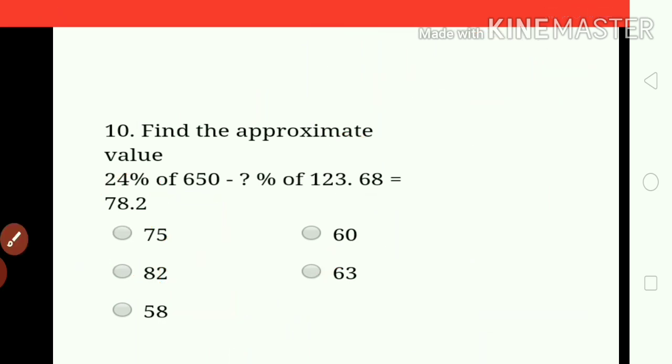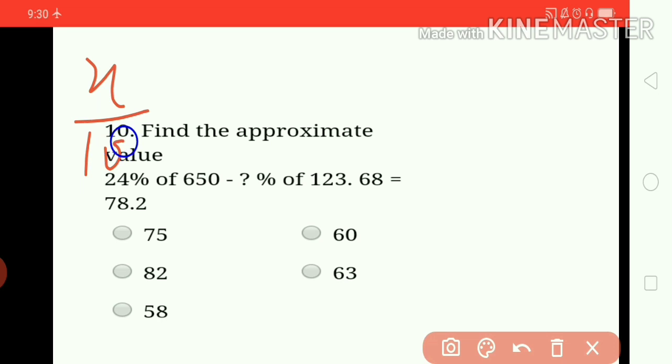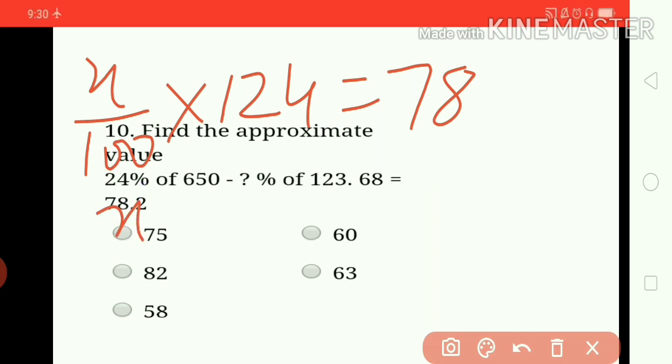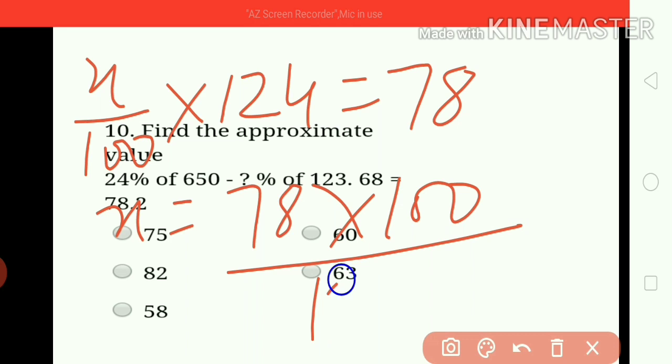Now find the further solution. You have x percent, that is x by 100 of 124, and this is equal to 78. Now solve it. X is equal to 78 multiply by 100 divide by 124, right?